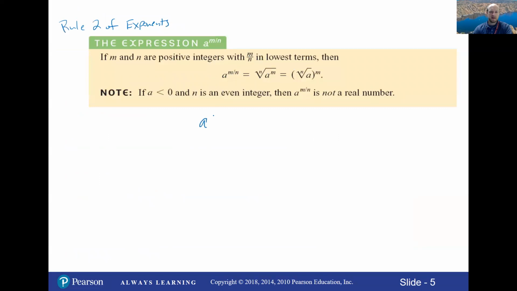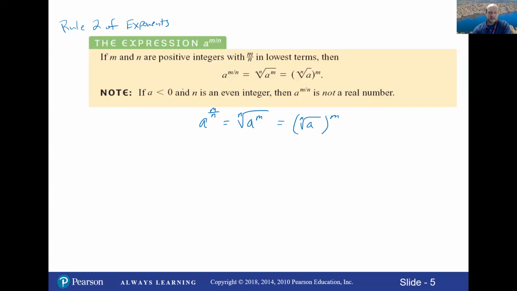I can rewrite a to the m over n as the root n of a to the m, and I could also write that with parentheses, putting the root n of a on the inside of the parentheses, and then the m on the outside. All three of these mean the same exact thing. I can interchange them.